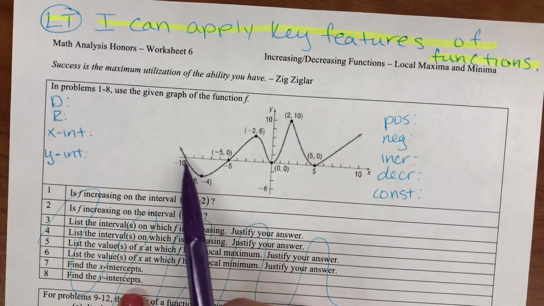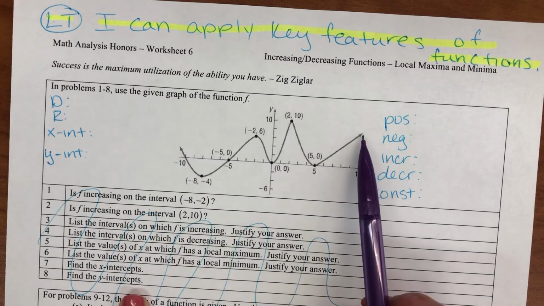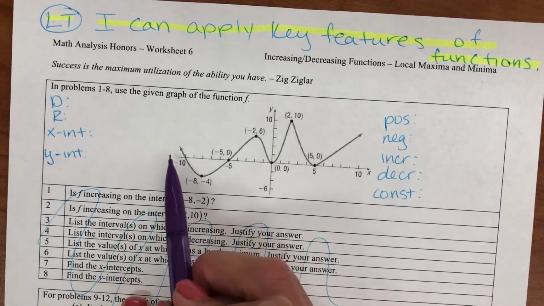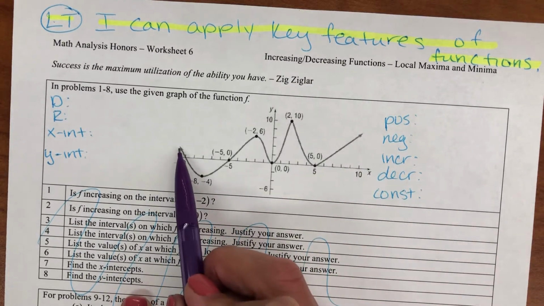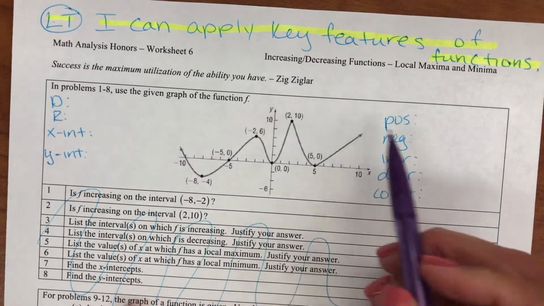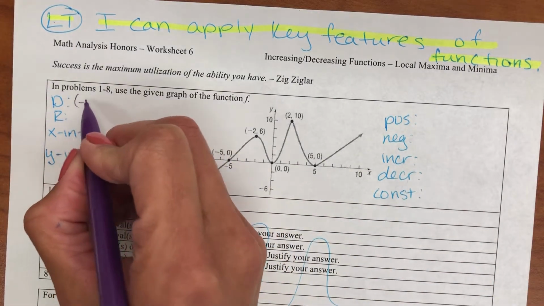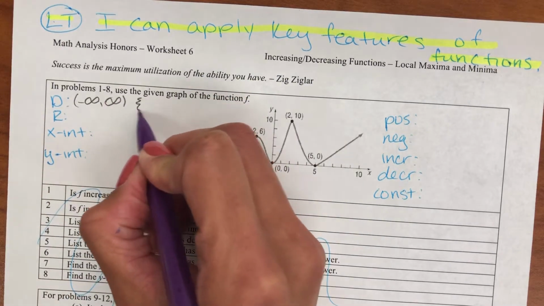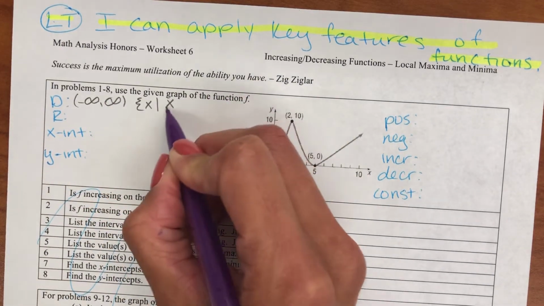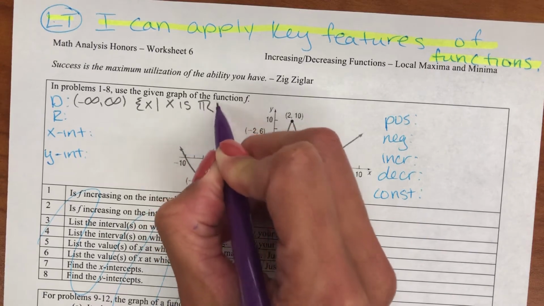Remember, domain is all the x values starting at the left, working to the right. So my graph starts here and ends here, and that's going from negative infinity to positive infinity. And then I need my set builder, so x such that x is all the reals.